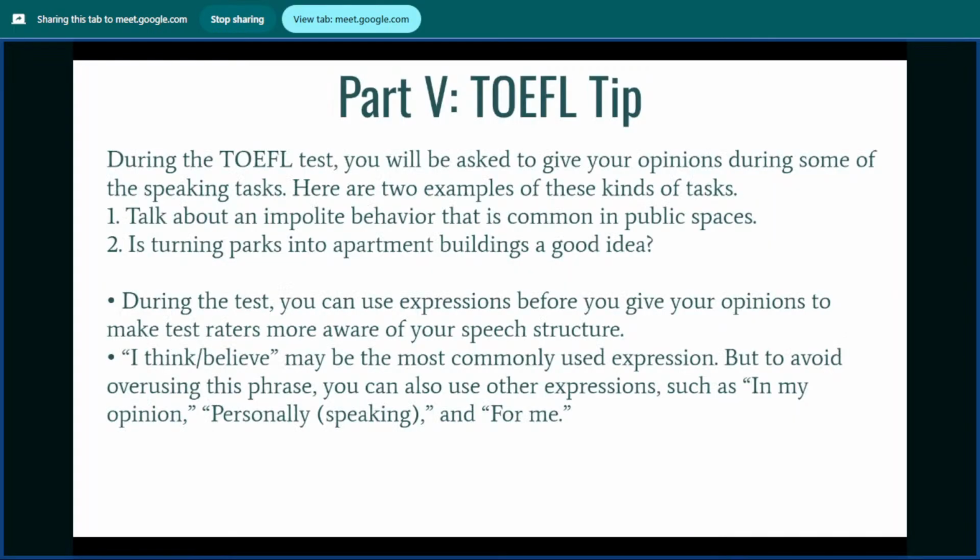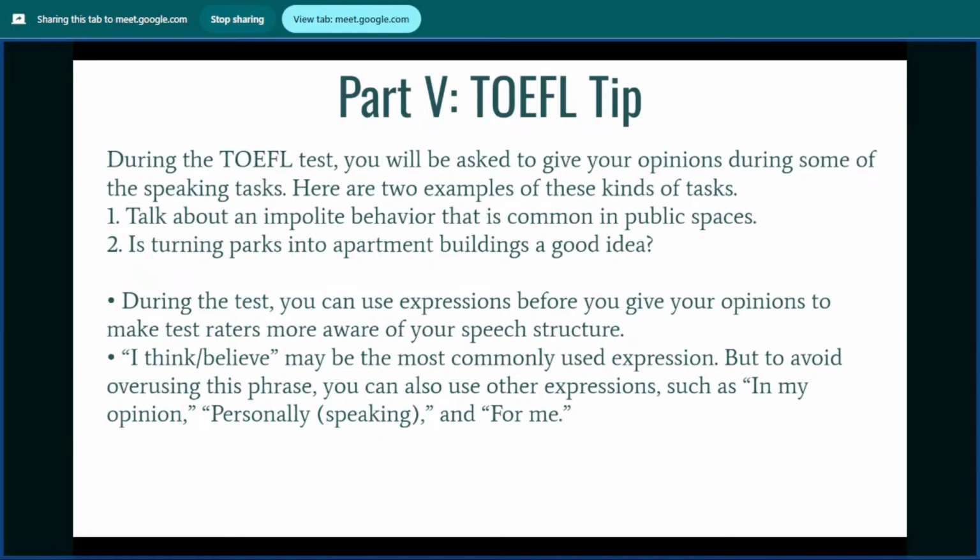Now, during the TOEFL test, you will be asked to give your opinion during some of the speaking tasks. You know that already. I just told you that in task number one you will be asked to give your opinion. Your question could be: talk about an impolite behavior that is common in public spaces. Or the second task could be: is turning parks into apartment buildings a good idea?